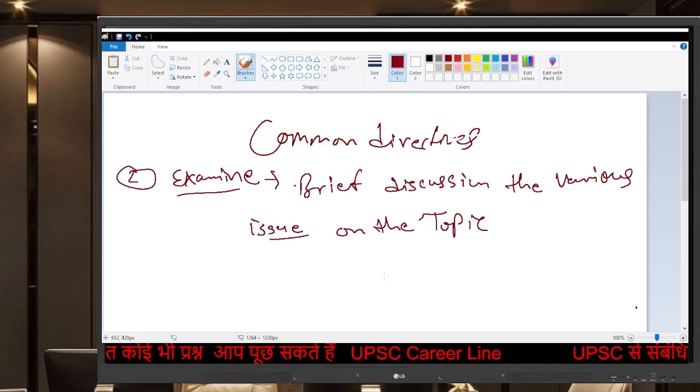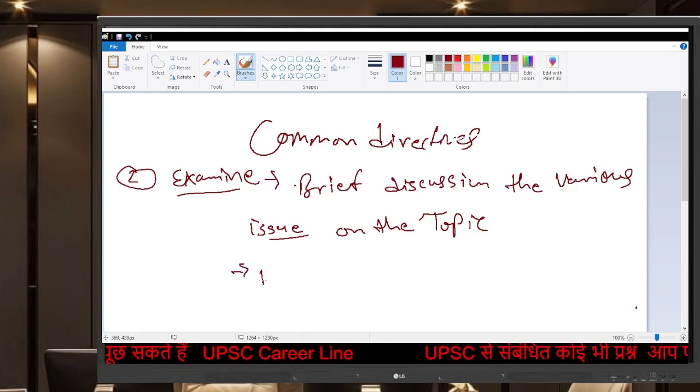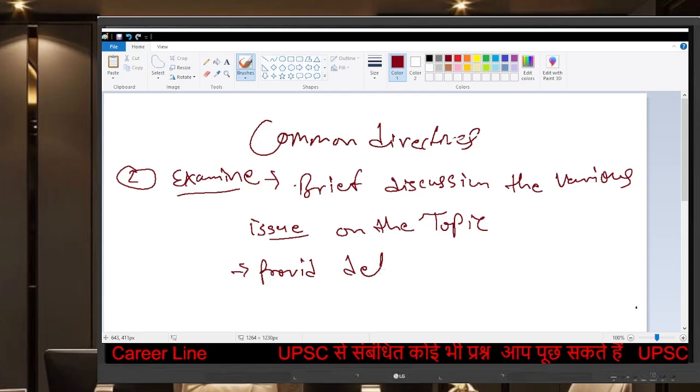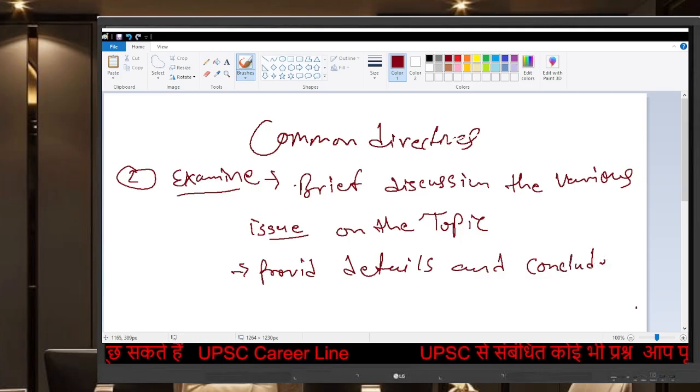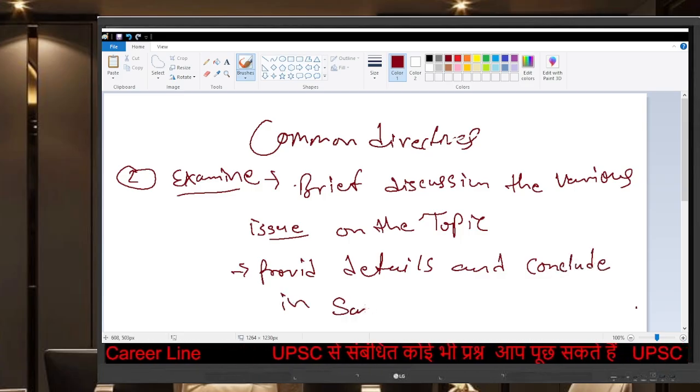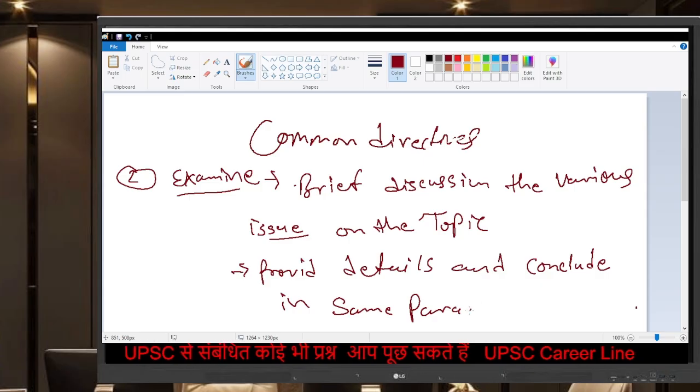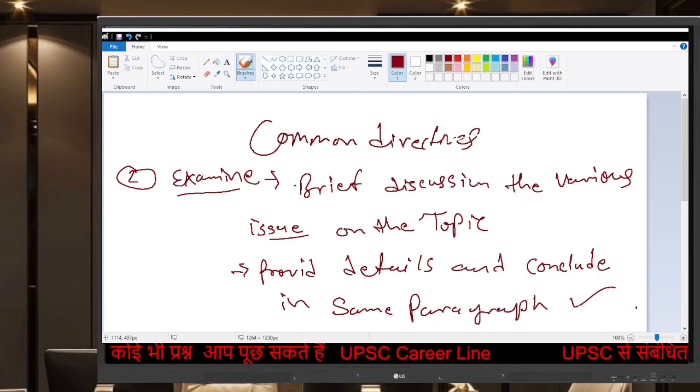After that, you can go through details. You can provide details here and conclude in the same paragraph if possible. The examine directive is complete here.